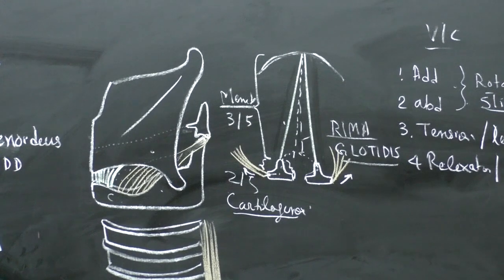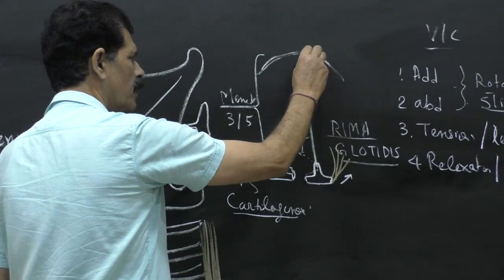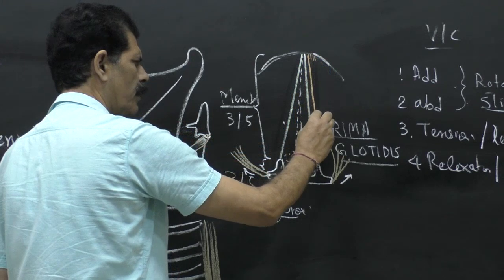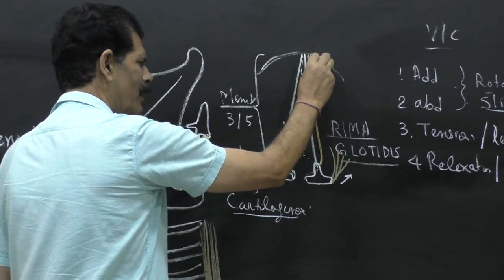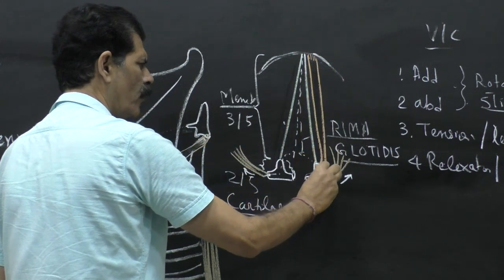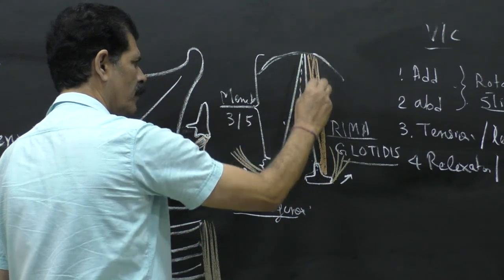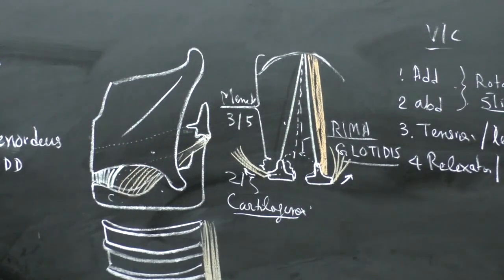This muscle takes origin from the thyroid cartilage. It moves parallel and lateral to the vocal ligament and is inserted on the lateral surface of the vocal process. This is the lateral surface of the vocal process. Origin, insertion: vocalis muscle.